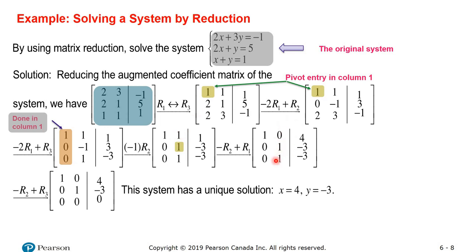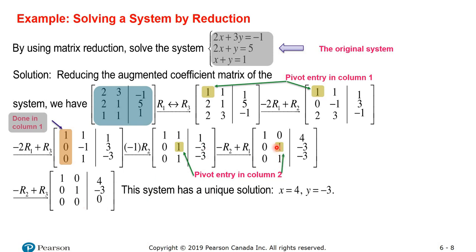I now need to repeat the procedure and convert this entry of 1 into an entry which is 0. So same procedure. I need to now work with the pivot entry. Right, so here's my pivot entry, and you always take a multiple of the row containing the pivot entry and add it to the row that you're working in. So if this is 1, that means I need minus 1 to be added to it to give me 0.